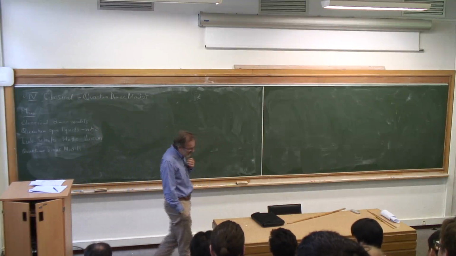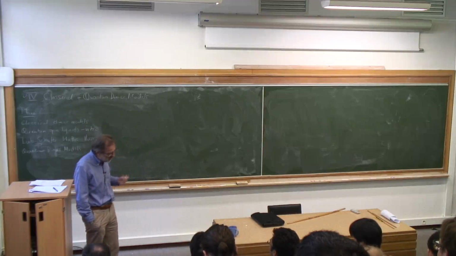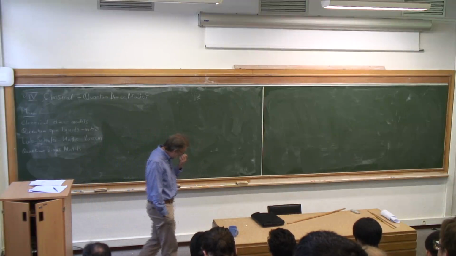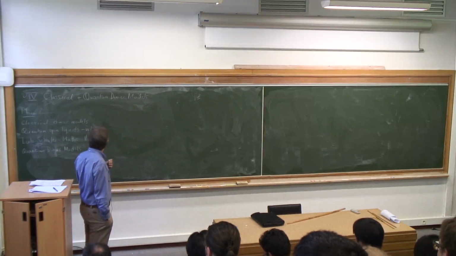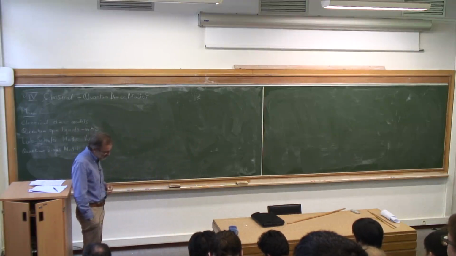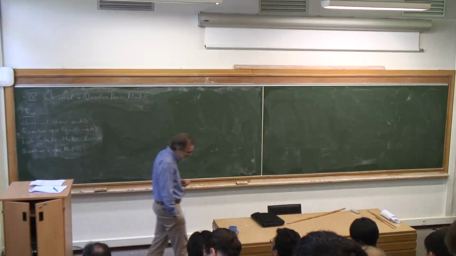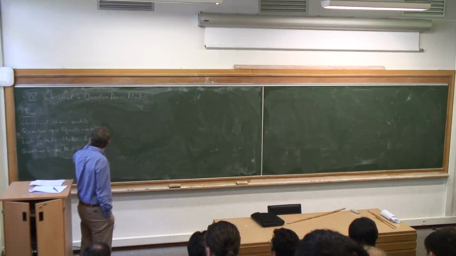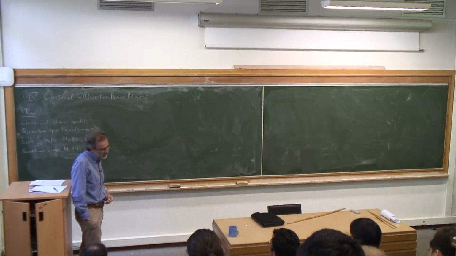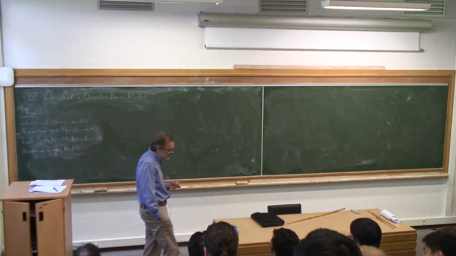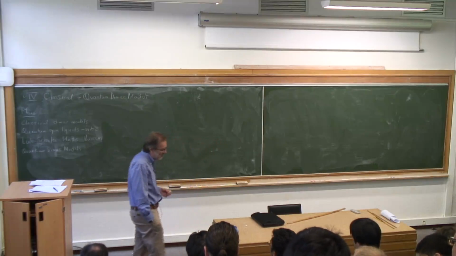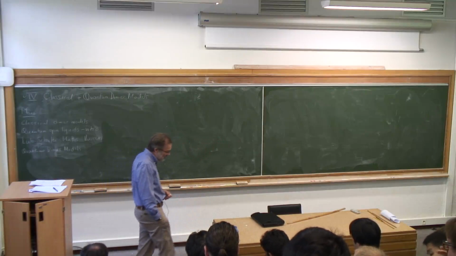So, in order to talk about quantum dimer models, I need to say something about classical dimer models, and so the first third or half of today's lecture will be about classical dimer models. And then I want a bit of a lead-in to quantum spin liquids in general, so I'll make some rather basic introductory remarks.